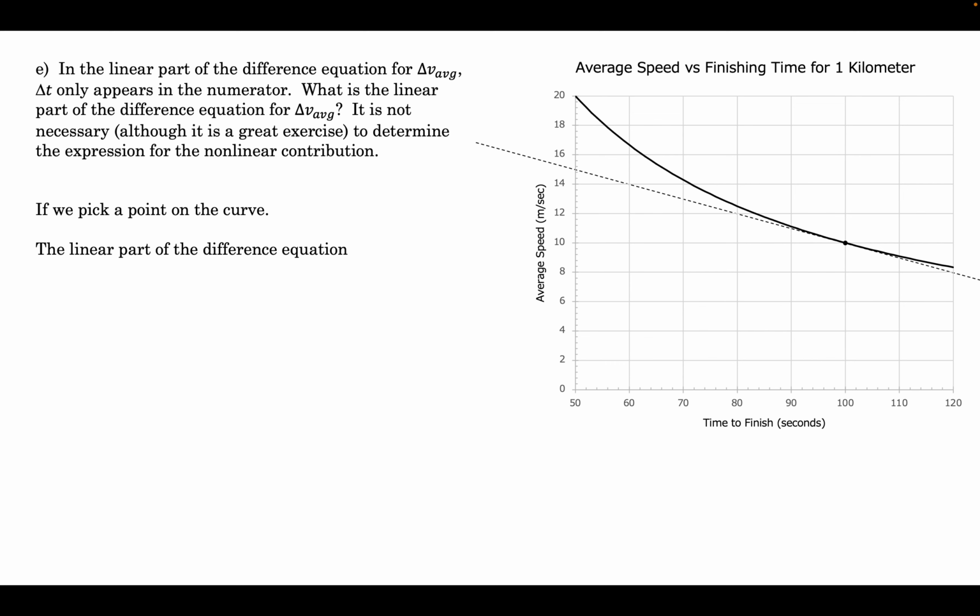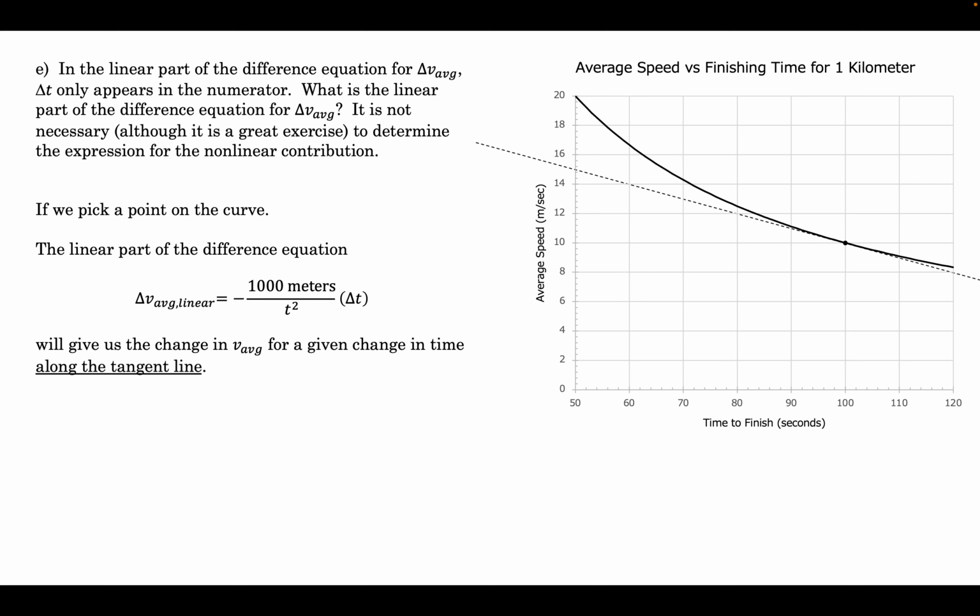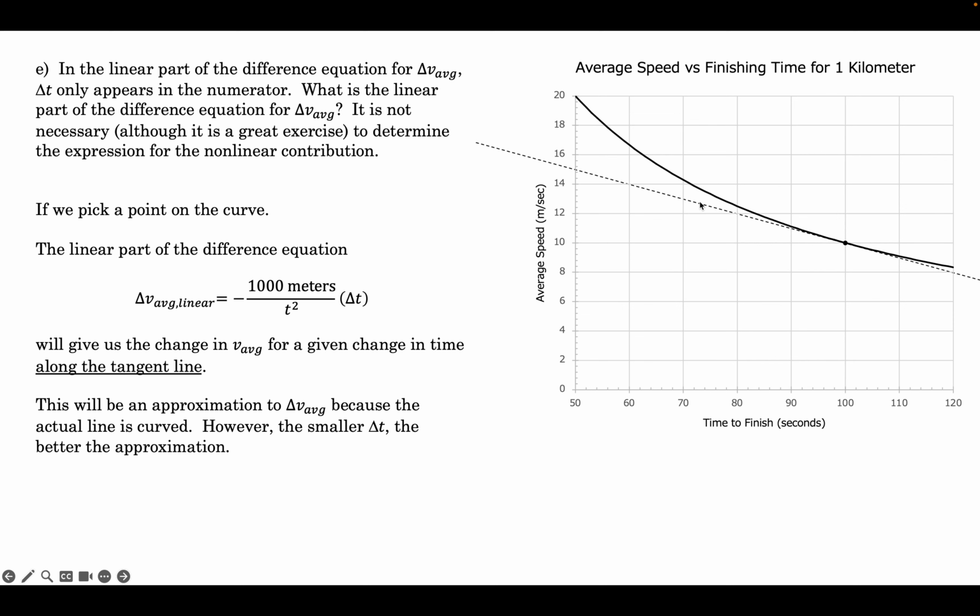So if we pick a point on the curve, the linear part of the difference equation gives us the change in V average along the tangent line. That's the linear part. This is an approximation because the actual line is curved, but the smaller the delta t, the smaller we go away from the point, the better the approximation.